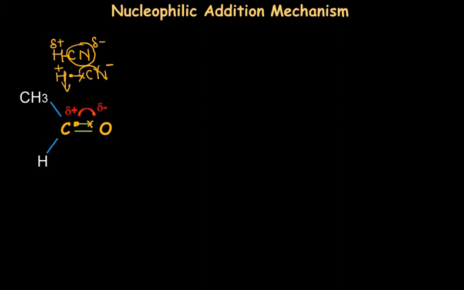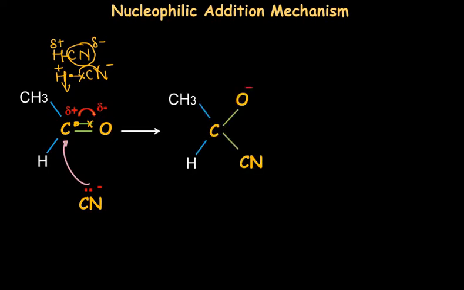In the next step, the CN, which is carrying a negative charge and which is obtained by heterolytic fission of the HCN molecule, is going to approach the partial positive carbon, forming an intermediate carrying a carbon with oxygen and CN group both. The intermediate carries a negatively charged oxygen because one of the bonds breaks here and the bonding electron pair is attracted by the oxygen.